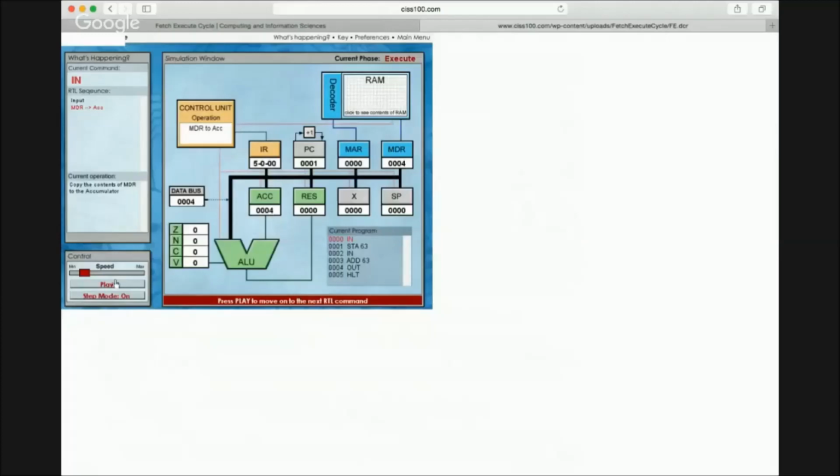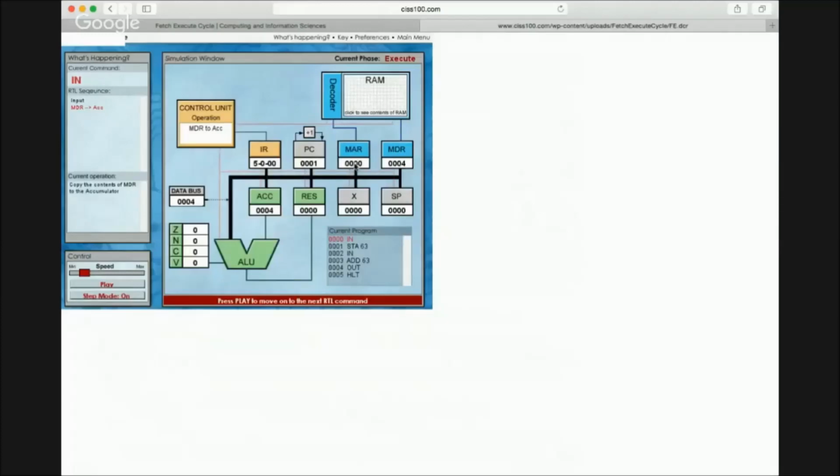I'll hit play again. I'm going to start it for the second time. So I've completed IN. The next one will be store 63. And now we can predict what's going to happen. As soon as I hit play, the program counter will be copied to the memory address register.